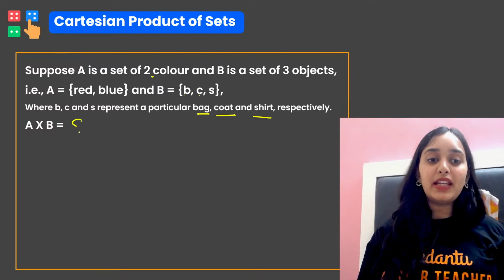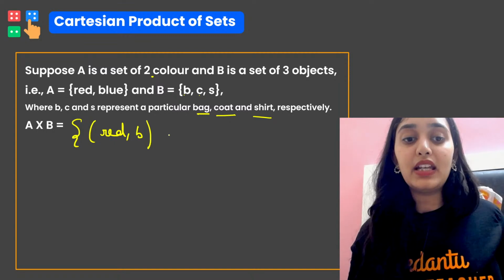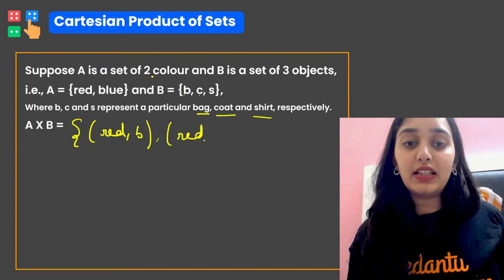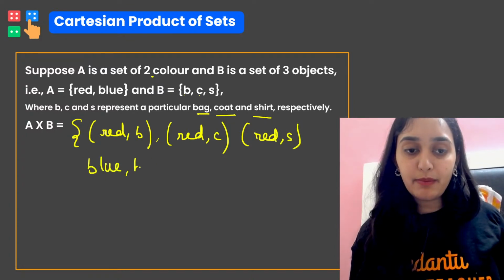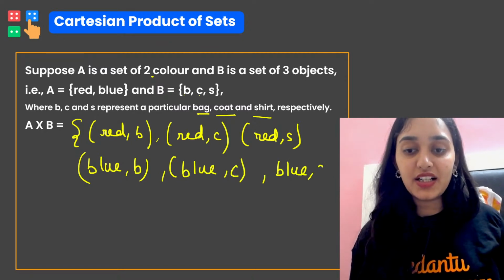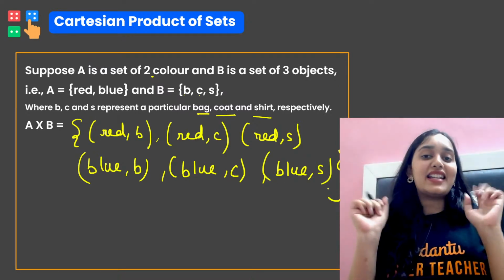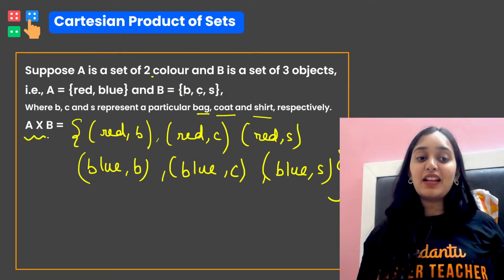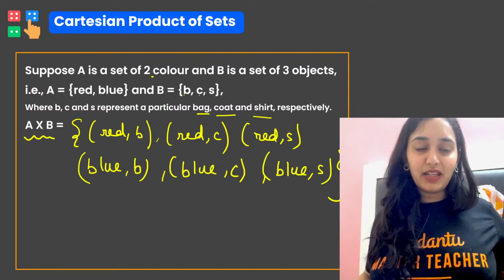A cross B will be taking one element from A, one element from B. Similarly, red with C, red with S. Again, blue bag, blue coat, blue shirt, and our ordered pair set is made. This is nothing but the Cartesian product of the two sets A and B.